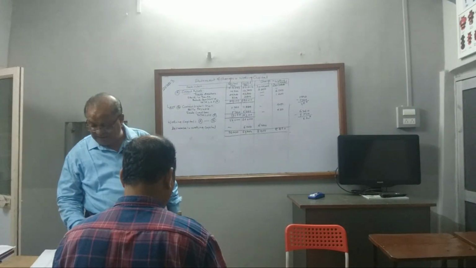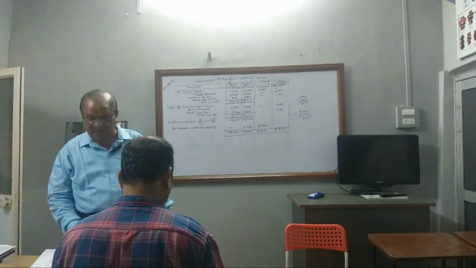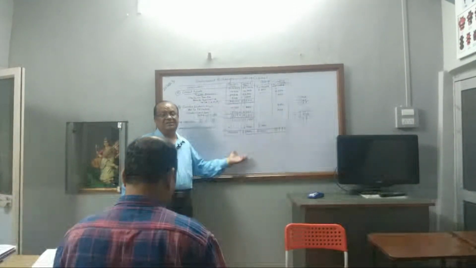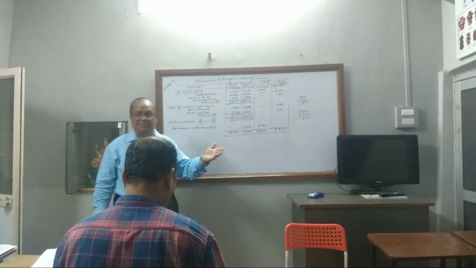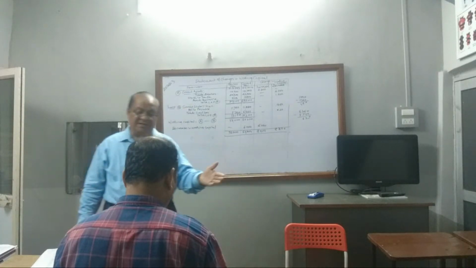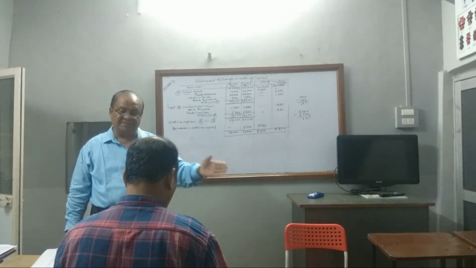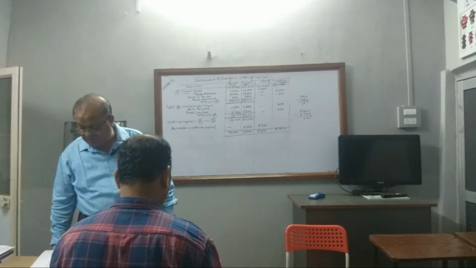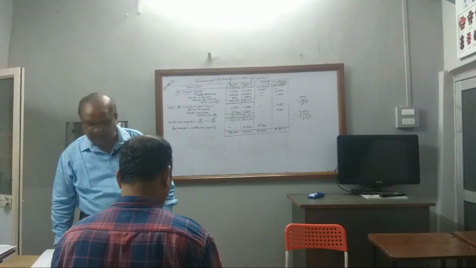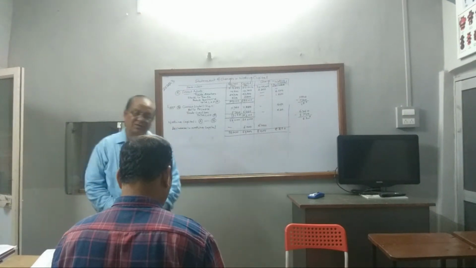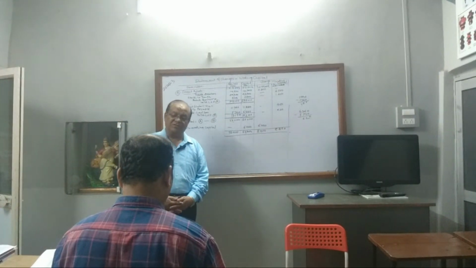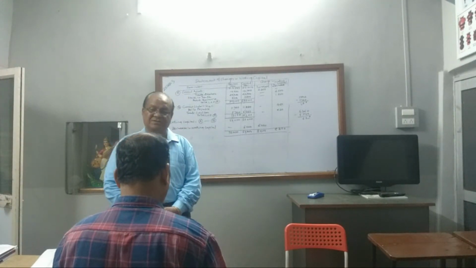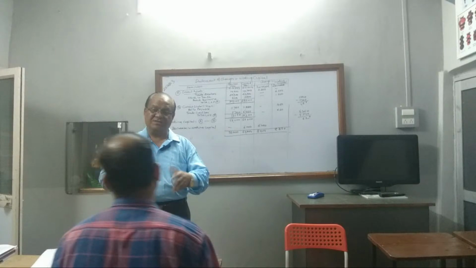Then third will be helps in internal financial management. Then next is knowledge of cash position. Cash flow statement gives the knowledge of cash position: how much cash is incoming, how much cash is outgoing.